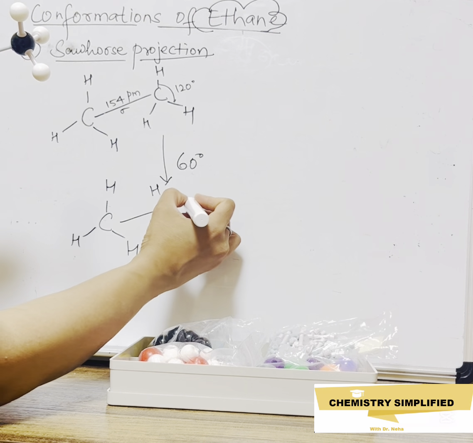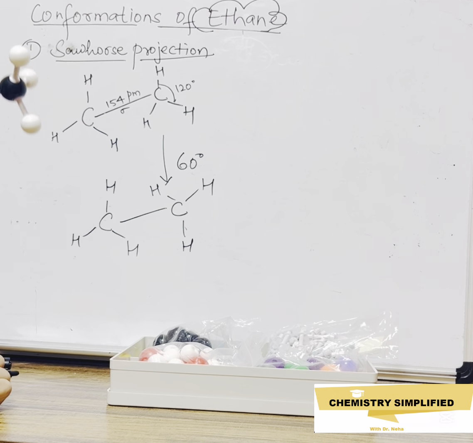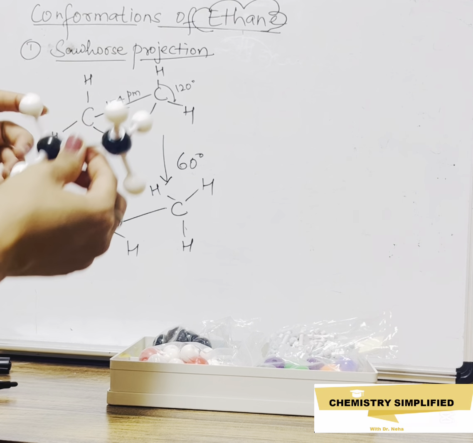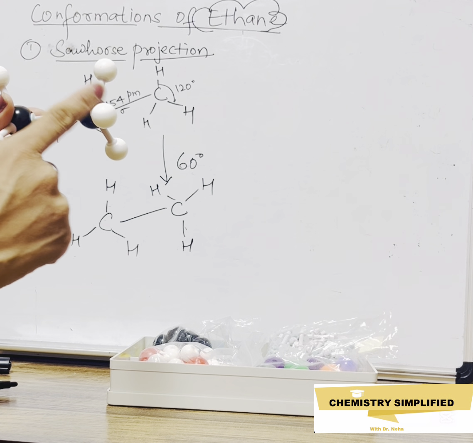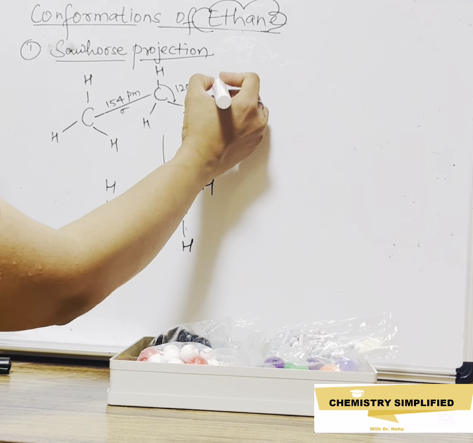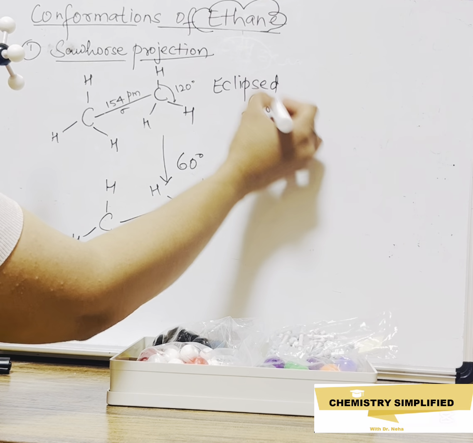So 1 hydrogen here, 1 hydrogen here, and 1 hydrogen down. Okay, children. So this form, when on both carbon atoms there is 1 hydrogen up and 2 hydrogen down, is known as the eclipsed form.